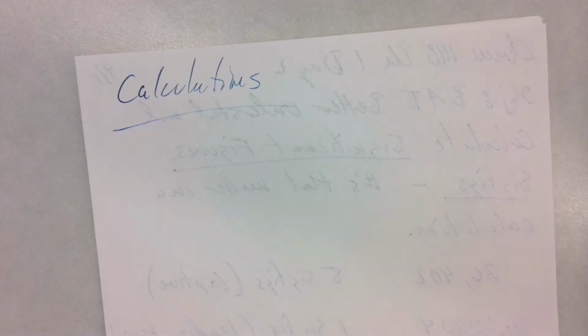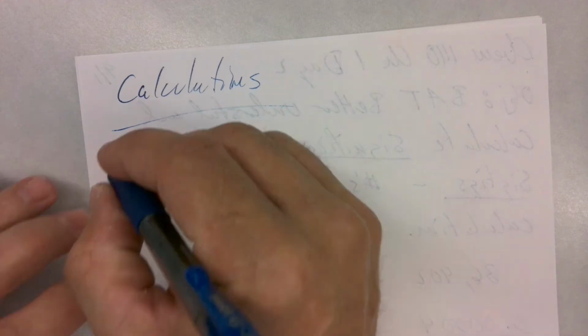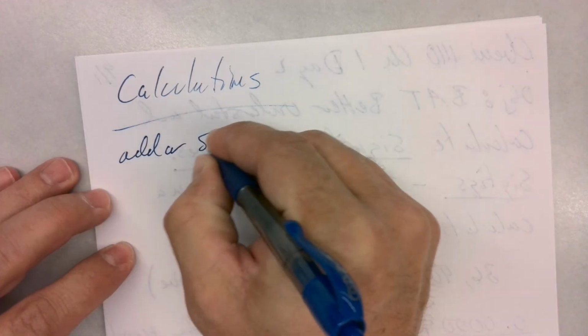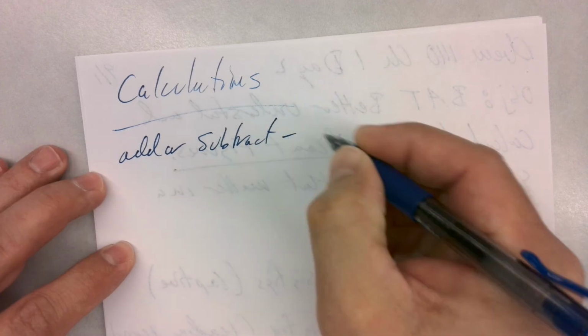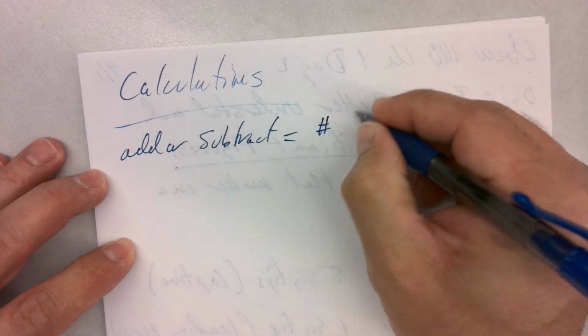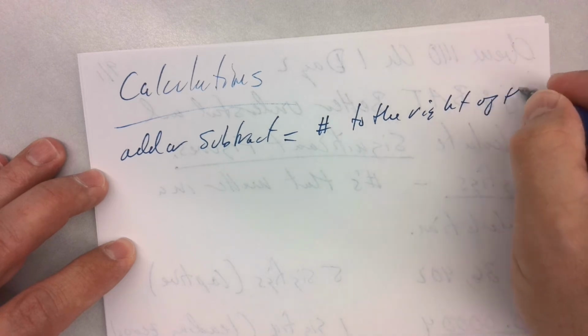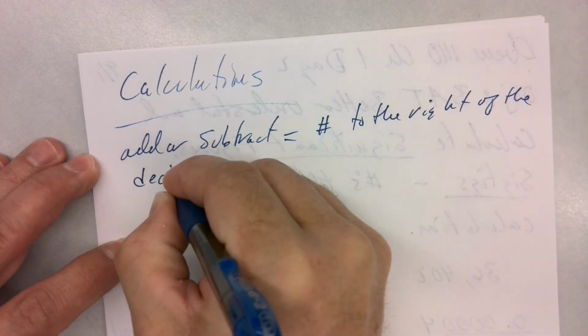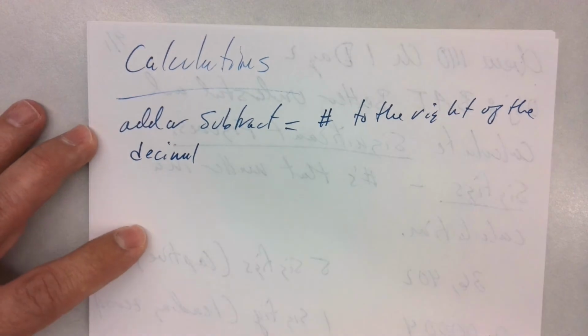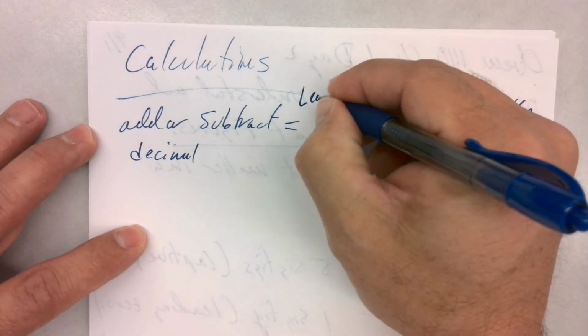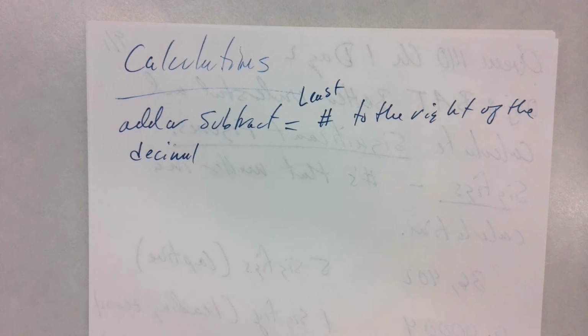Now, there's really only 2 rules to sig figs. There's the addition and subtraction rule, and the multiplication and division rule. So in adding or subtracting, it is the least number of digits to the right of the decimal.